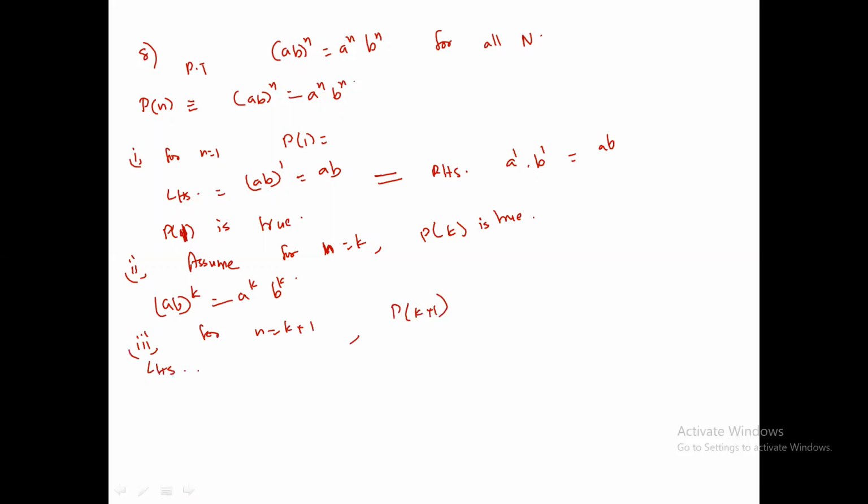But I will take just left side. Left side is (AB) power k plus 1, which I can write as (AB) power k into (AB) power 1. Now (AB) power k I can use from P of k, and I can write it as A power k, B power k into AB.